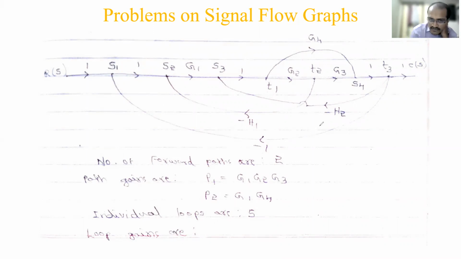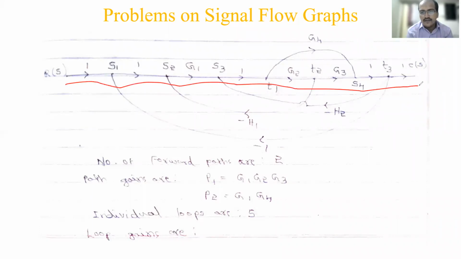Now identify how many paths are there. Since the answer is visible here, there are 2 paths. What are those paths? One is the straight path from R of S to C of S, and the other path is the same, but it takes a diversion here. Skipping G2 and G3, it will take G4 as another path.